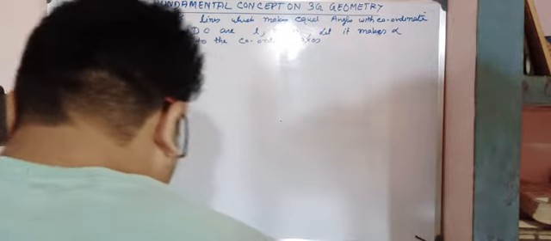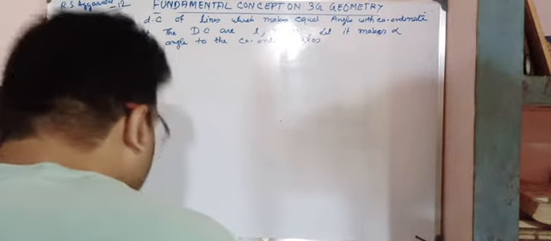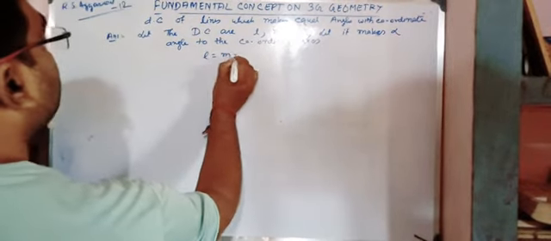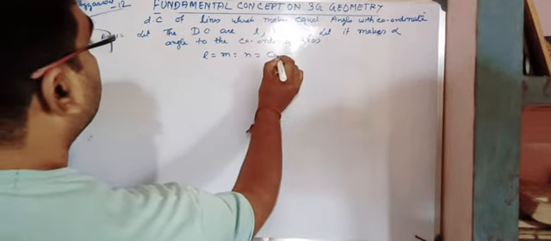So l is equal to m is equal to n, which is cos alpha.